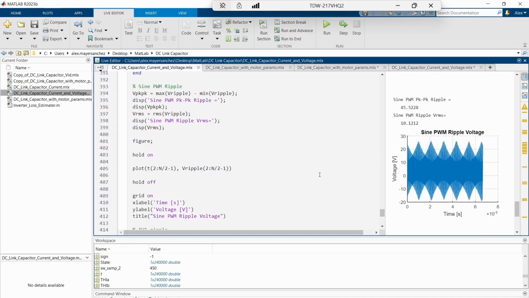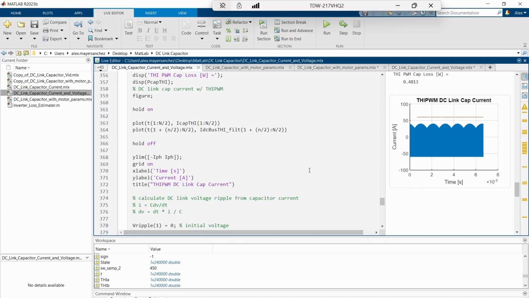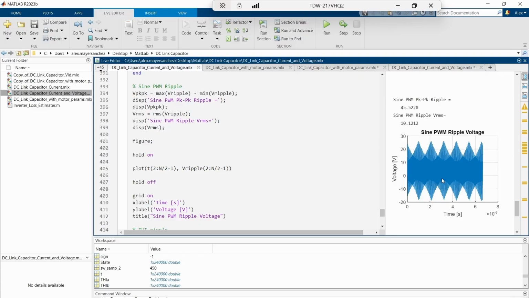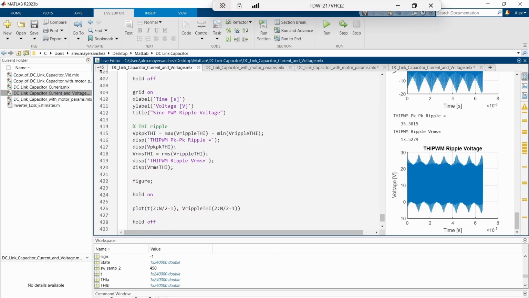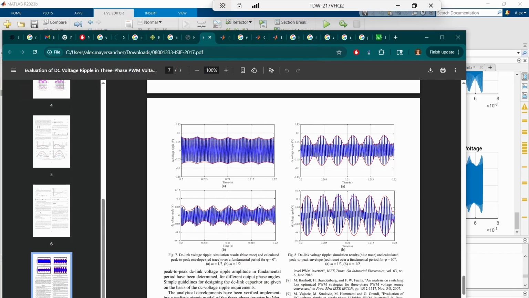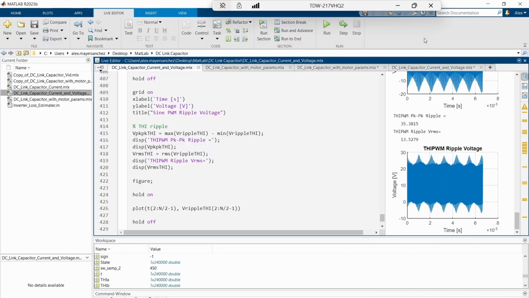So now we have this new current, and we get a different shape of voltage ripple. And these shapes are pretty cool looking, honestly. They're predicted similarly, because it's basically the same method in this paper. You can see when the power factor is really bad, it does this egg-shaped sort of thing, and when the power factor is okay, it does this little wave shape sort of thing.